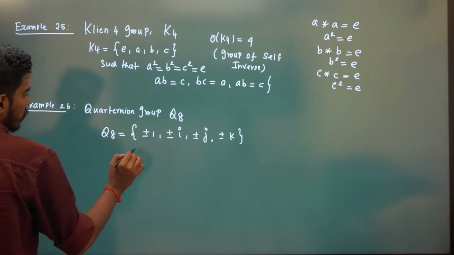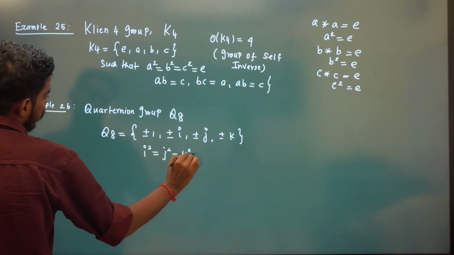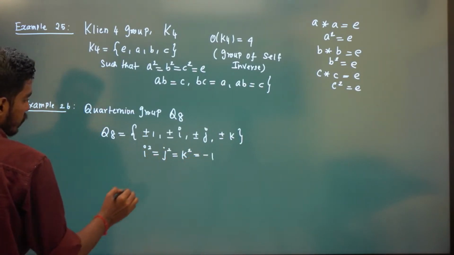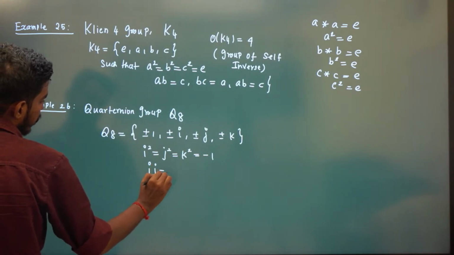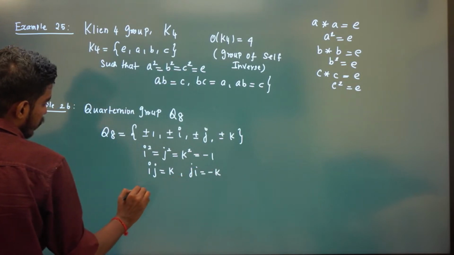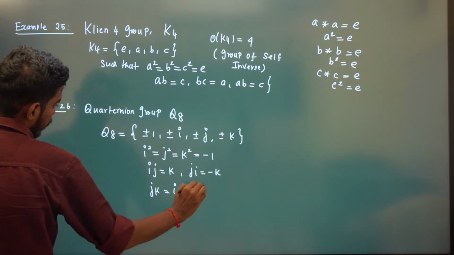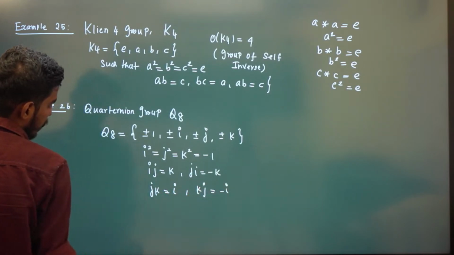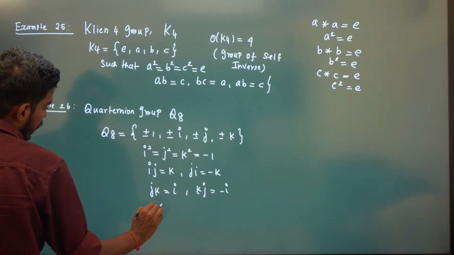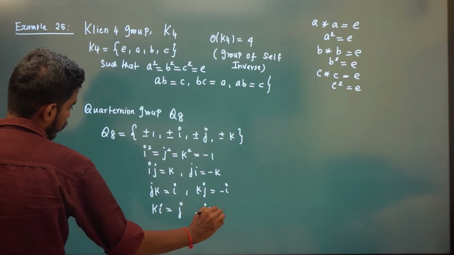The operations are i square, j square, k square will be minus 1, ij will be k, ji will be minus k, jk will be i, kj will be minus i, ki will be j, ik will be minus j.